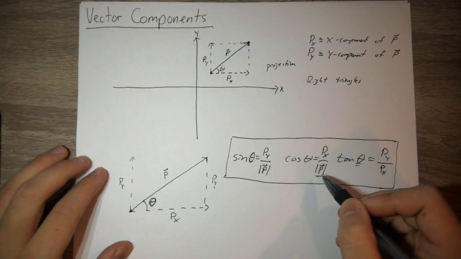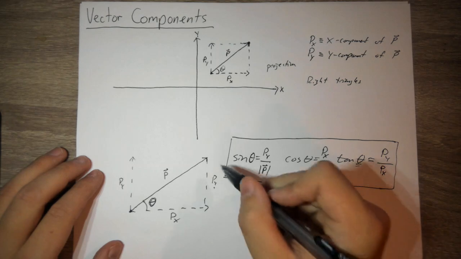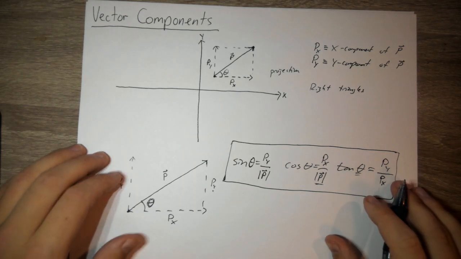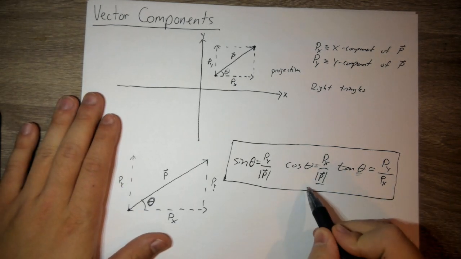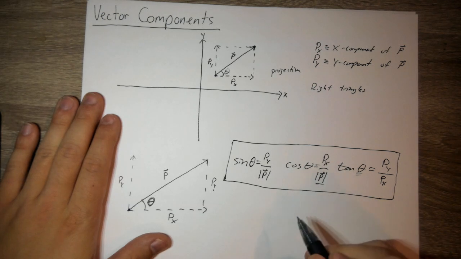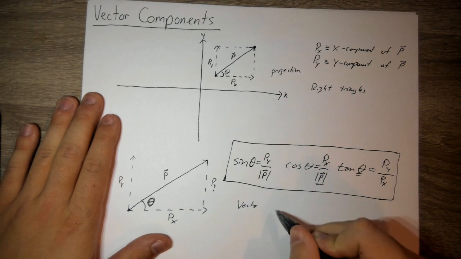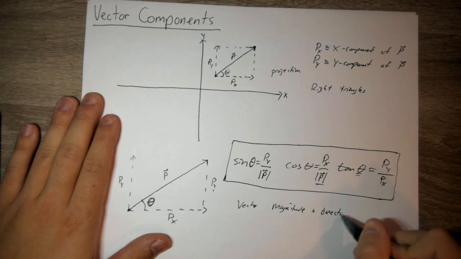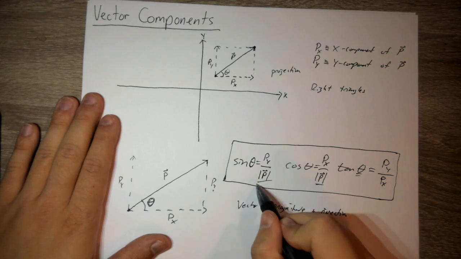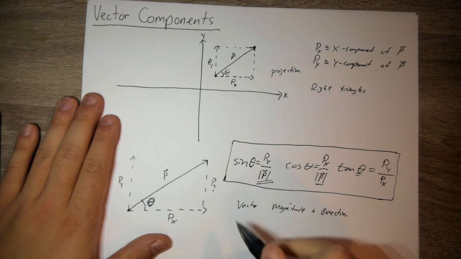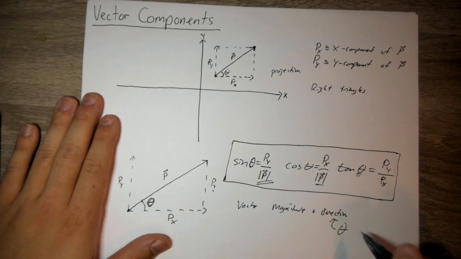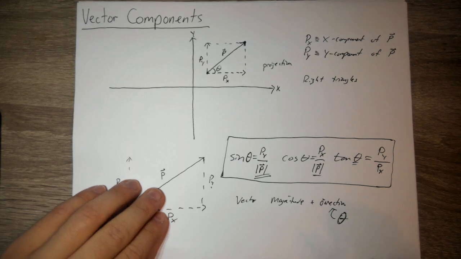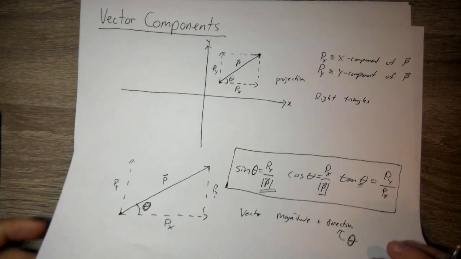So we have equations here relating different variables that we want to find. Note also that we have everything we need to calculate a vector. A vector is a magnitude and a direction. We can find our magnitudes in these equations, and then we can find our direction through the angle.